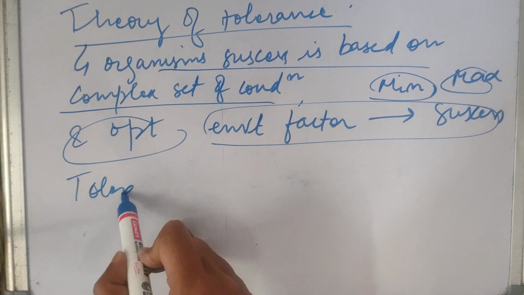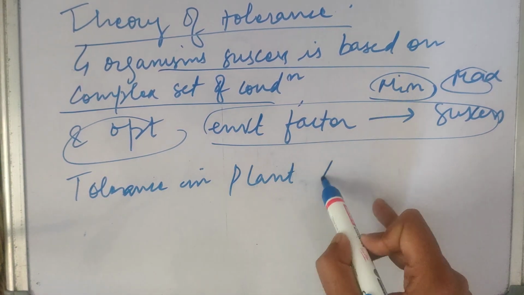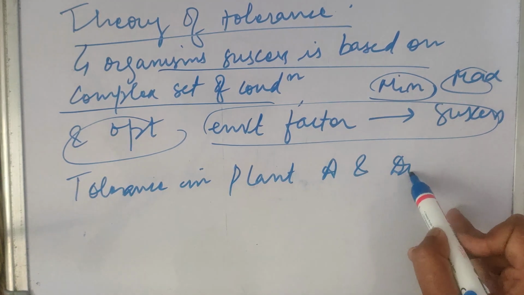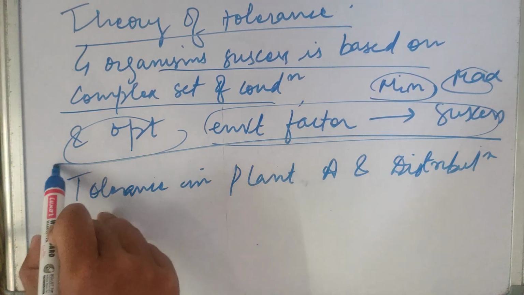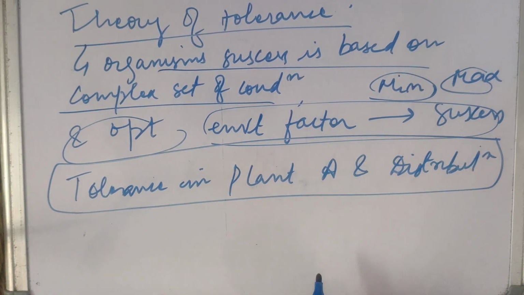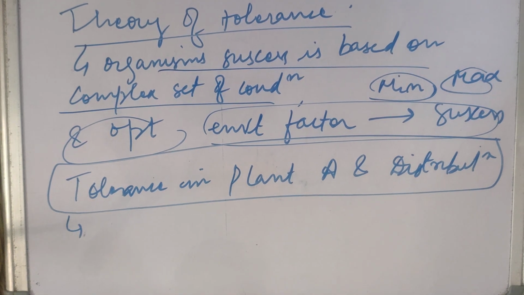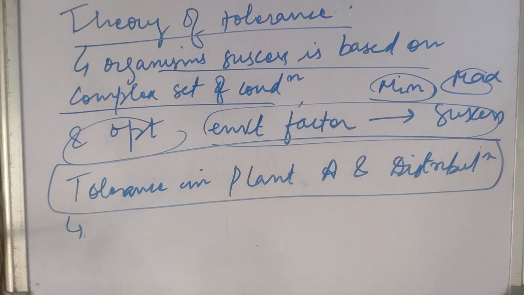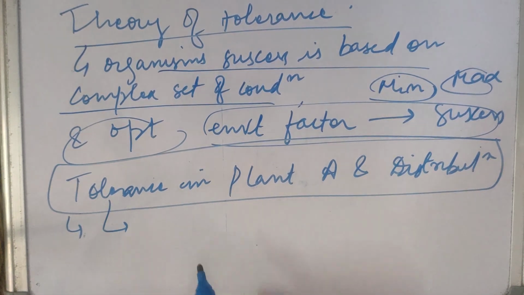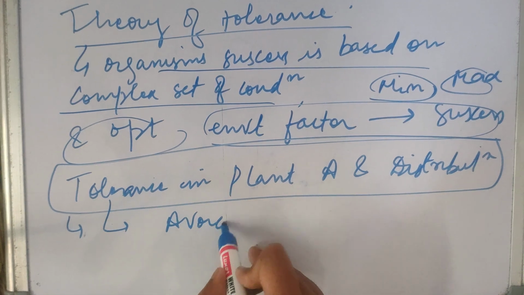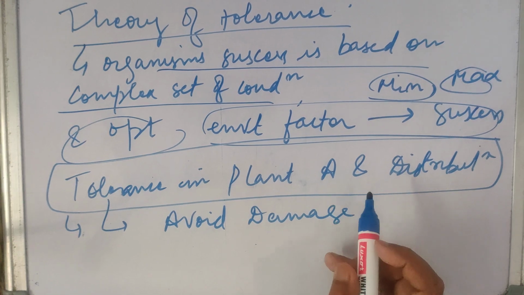Now, what is the role of tolerance in plant adaptation and distribution? Plants tolerate environmental and physical conditions to avoid damage and to recover from damage.